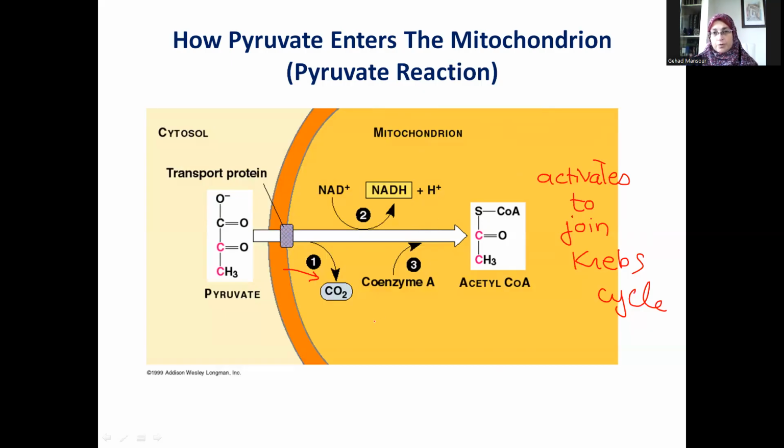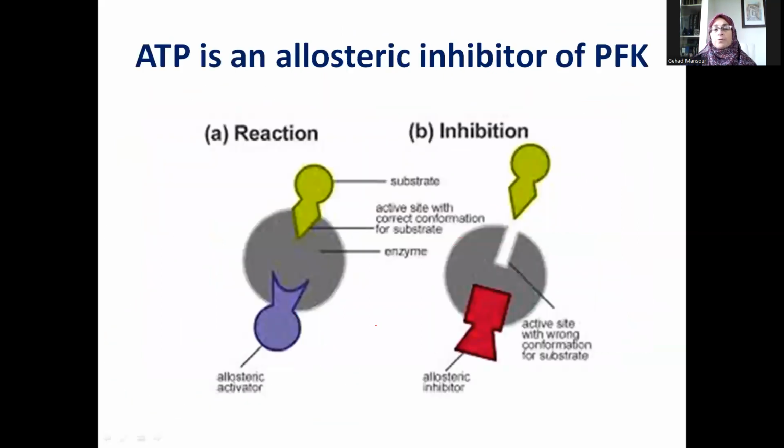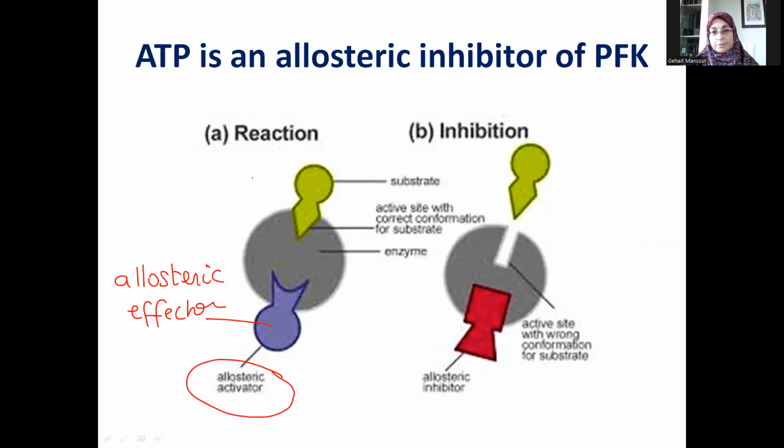Now let's move on to the next concept here. Of course, this is how allosteric inhibition of phosphofructokinase occurs. And here, this is allosteric activation. This is the allosteric effector. We said that the general name is an allosteric effector. If that allosteric effector helps further or more perfect binding of the substrate and makes the enzyme have the correct conformation for the substrate, then that allosteric effector is an activator.